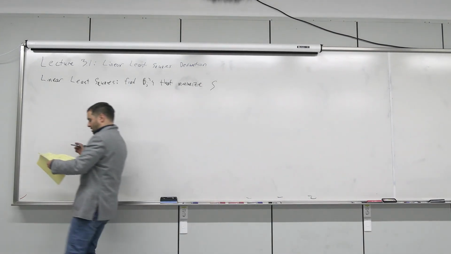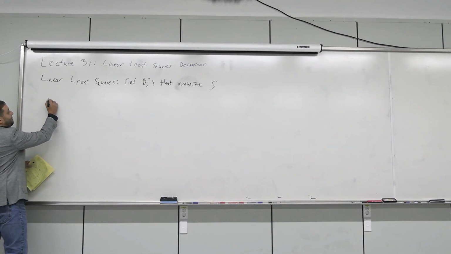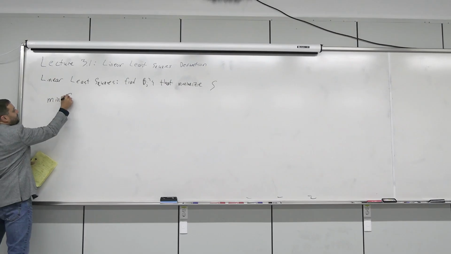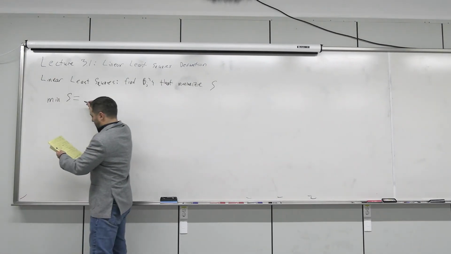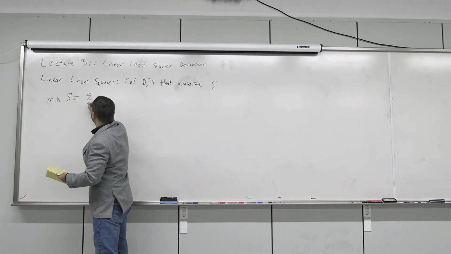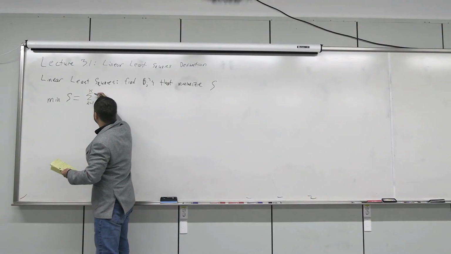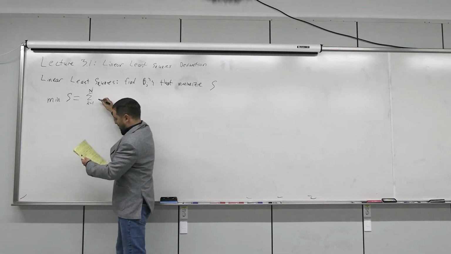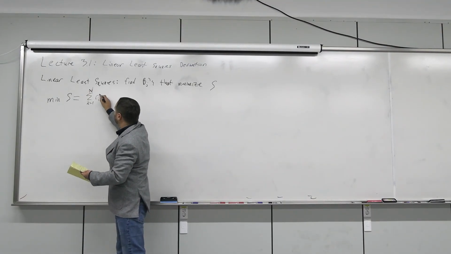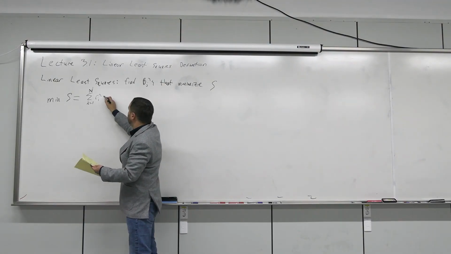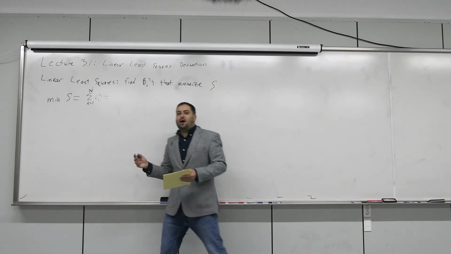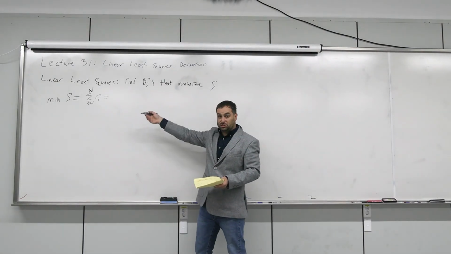I will write this as the min of S, where S equals the summation from i equals 1 to n of our R_i squared, our residual squared. How do we find a minimum of a function?